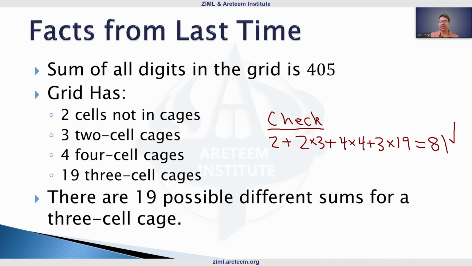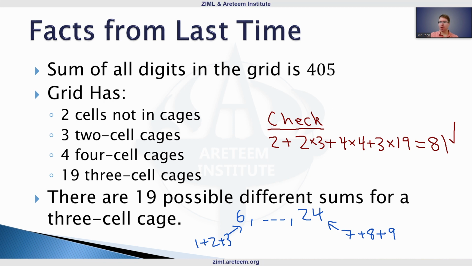Remember, all of the cages have to have different values, and these are 6 up to, right, if we go all the way up, we have up to 24 in this scenario, right? 6 comes from 1 plus 2 plus 3. That is the smallest possible sum. 24 comes from 7 plus 8 plus 9. So there are 19 of those.